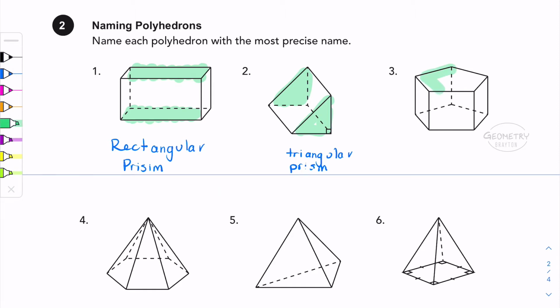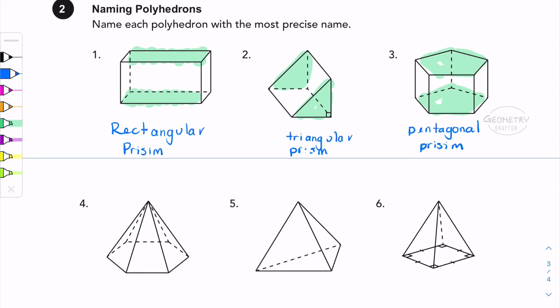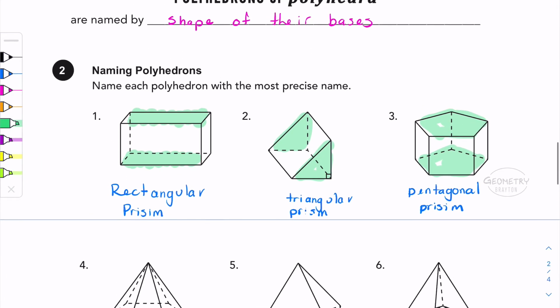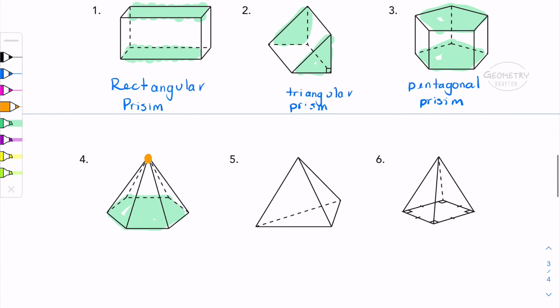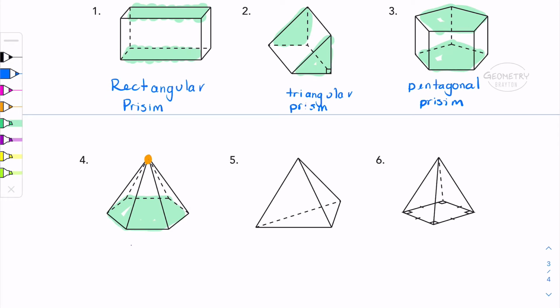Number three, we see two congruent bases, both of which are pentagons. So this here is another example of a pentagonal prism. Number four. Number four has a base of a hexagon, but then it comes to a point, a common point, or the vertex. So this is called a hexagonal pyramid.